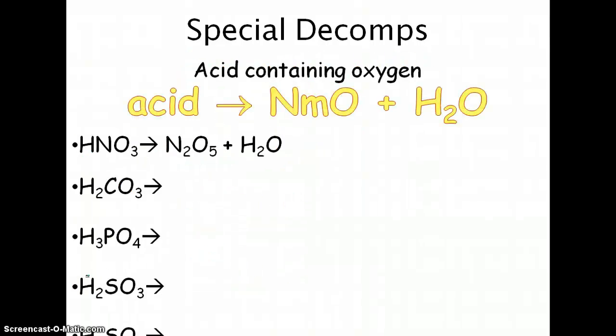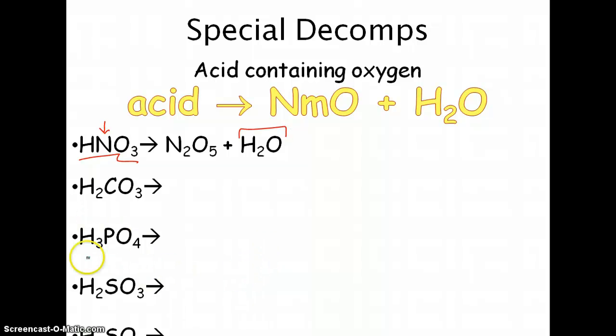All right, if you have an acid that contains oxygen, it breaks into the non-metal oxide and H2O. So in the example of HNO3, you get the N combining with the O, and then the H2O, or the water.